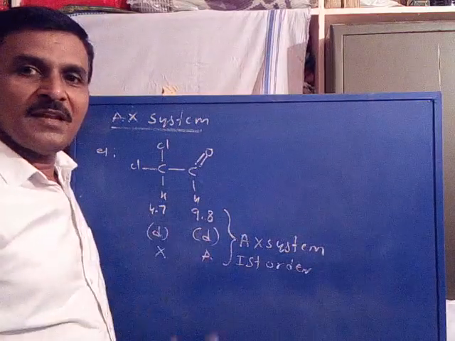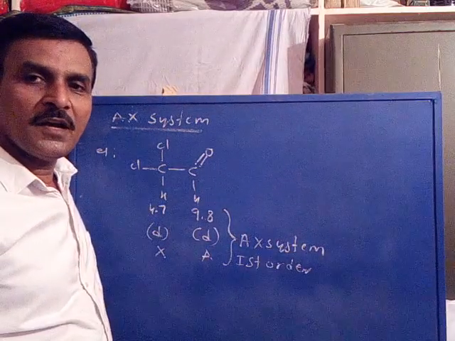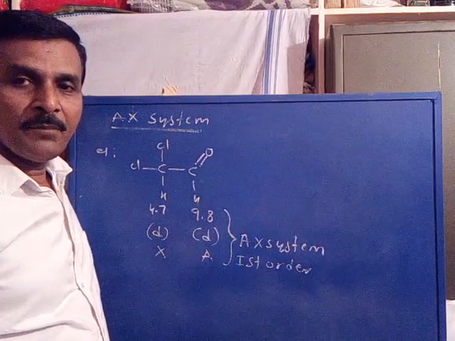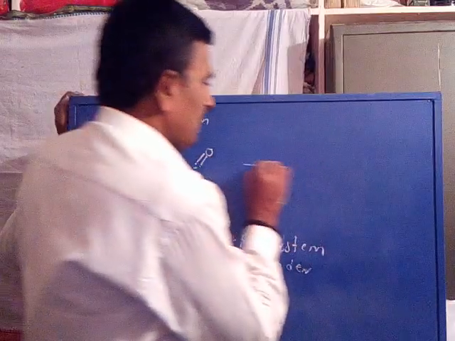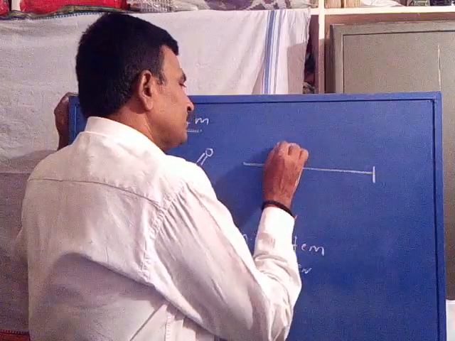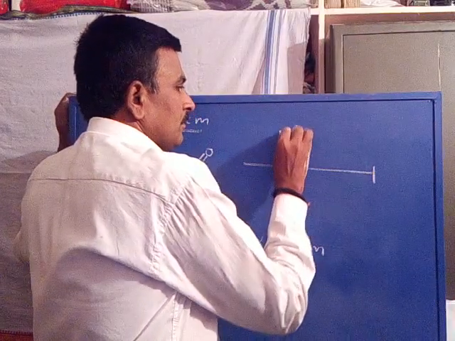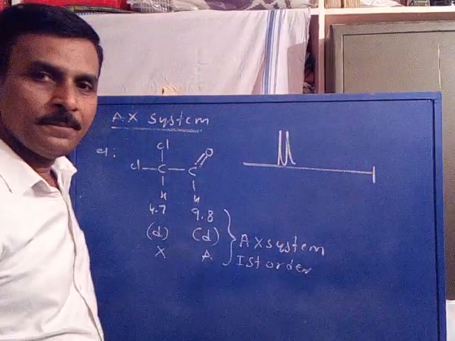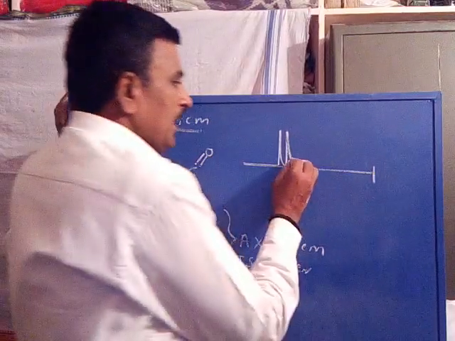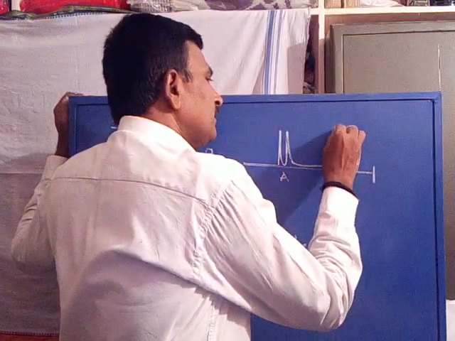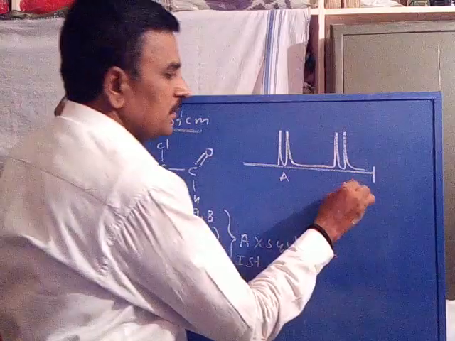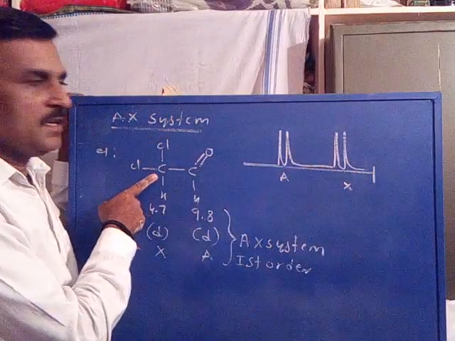Now when there is first order, the signal must be according to n+1 rule and intensity must be according to simple intensity rule, that is Pascal triangle. So its spectrum has two doublets. This is one doublet corresponding to the aldehyde proton, that is A, and the second doublet corresponding to X, that is the methine proton, CHCl2.